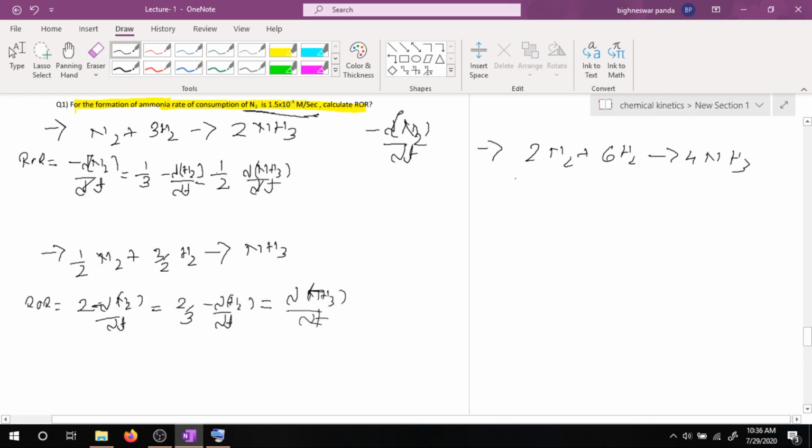In a similar way, here I can write the rate of reaction as 1 by 2 of minus dN2 by dt, equal to 1 by 6 of minus dH2 by dt, equal to 1 by 4 of dNH3 by dt.